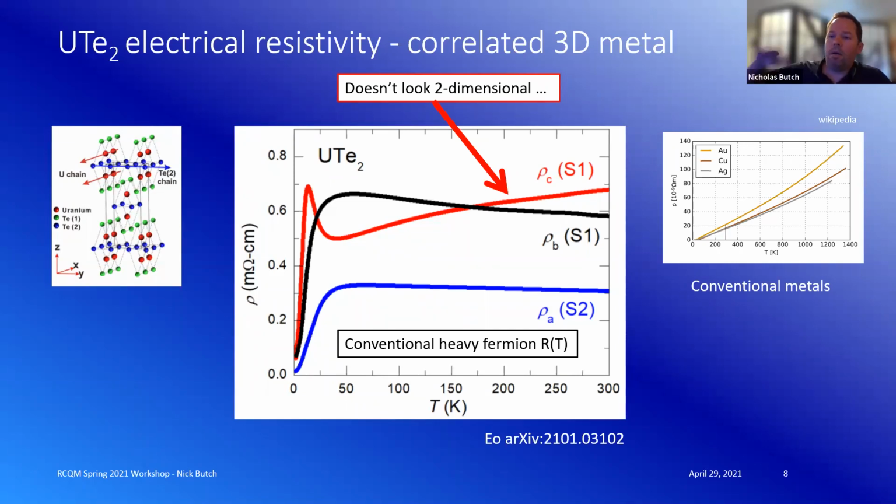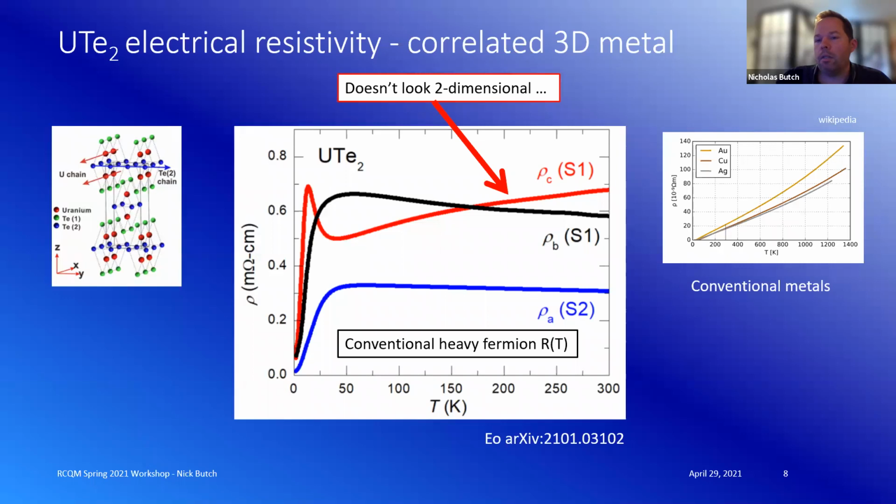If you consider this like a rectangle, A is along the uranium chains and C is out of plane. Quantitatively, rho C is about the same size as rho B and rho A, so it's not much more insulating along that direction.